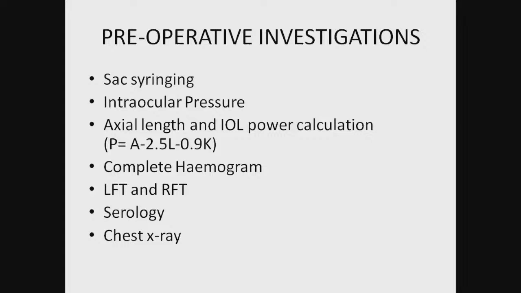Hemoglobin is important. Why? Because if hemoglobin is less than 7, generally we don't operate. We refer the patient to medicine, or we advise him to take some iron preparation by which hemoglobin is increased. Such patients are prone to infection.